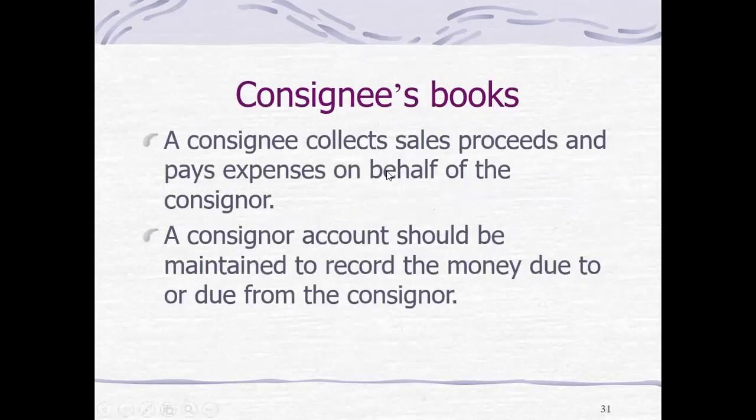Then, in the consignee's books, as we've said, the consignee will be collecting any sales proceeds, then deducting the reimbursable expenses as well as the commission. The consignee will prepare a consignor account, which is normally a payable account. Meaning to say, this is a liability which should be maintained to record the money due to or due from the consignor.